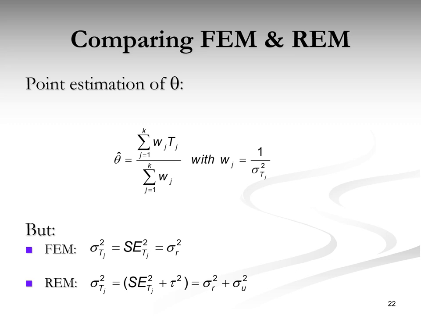So in fact, the variation in observed effect sizes is now due to these two sources of deviations. So it's equal to the sampling variance plus the variance in the population effect sizes, and in the meta-analytic literature, very often the symbol tau squared is used to refer to this variance in population effect sizes.